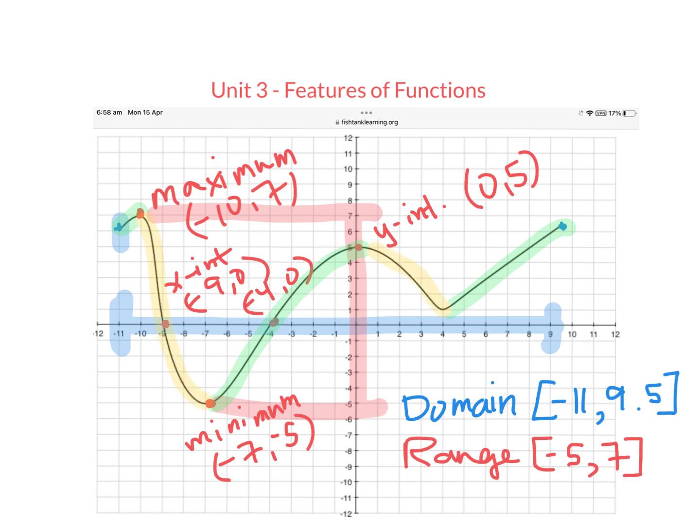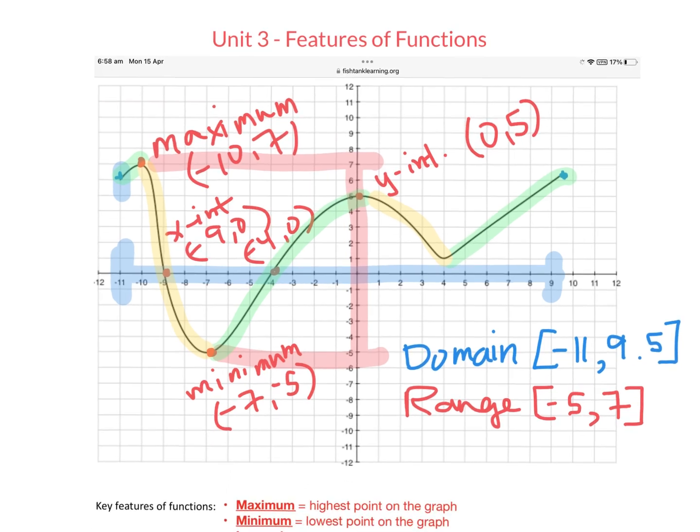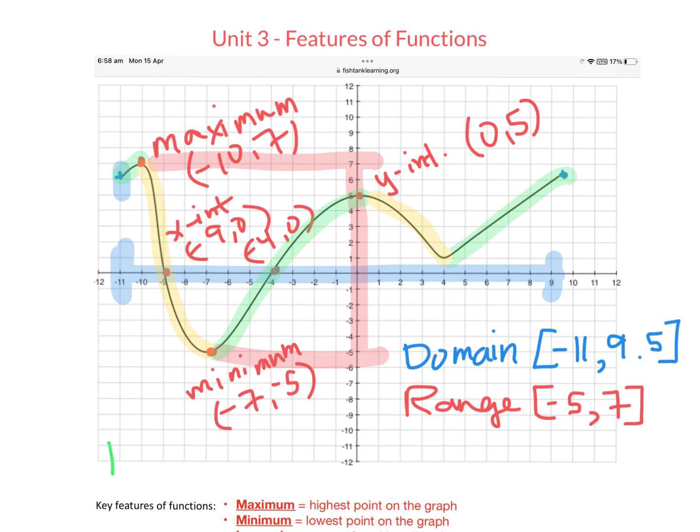So the increasing portions, we use the x values to describe where it's increasing. So I'll show you how to write those intervals. It's increasing, so I'm just going to write INC for increasing.